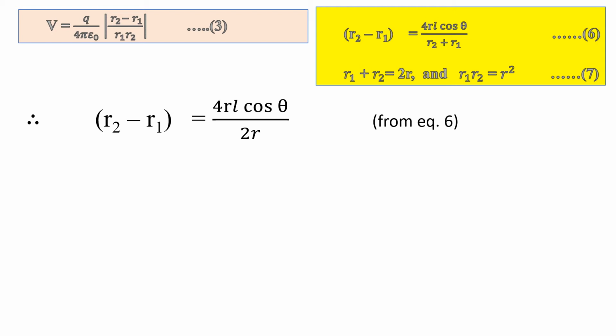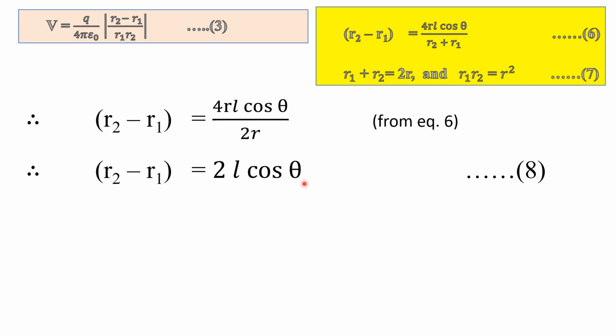From equation 6, R2 minus R1 is equal to 4RL cos theta upon 2R, since in R2 plus R1 we can write 2R. Here R and R get cancelled, 2 gets cancelled, and the answer we get is R2 minus R1 is equal to 2L cos theta.